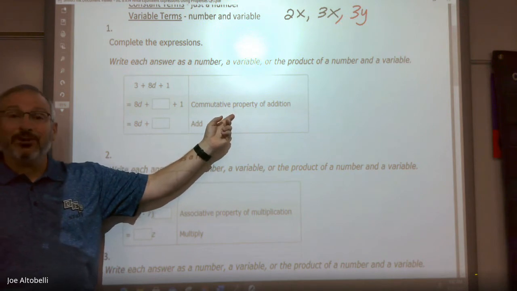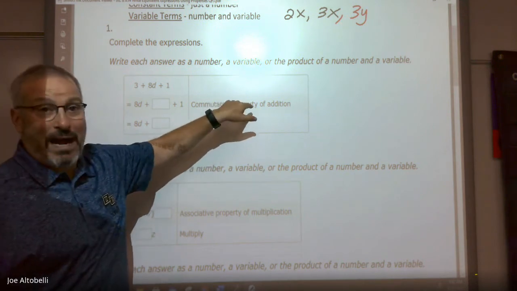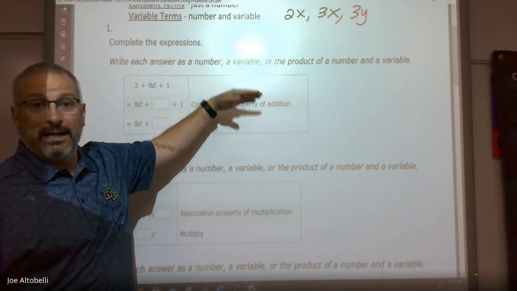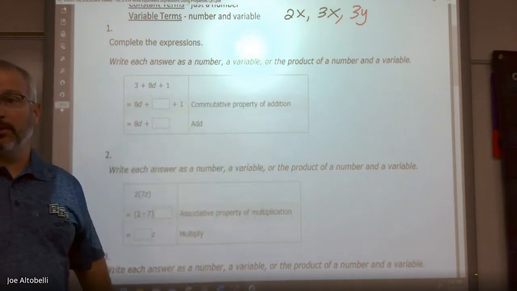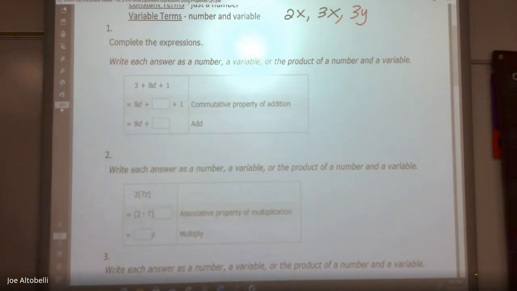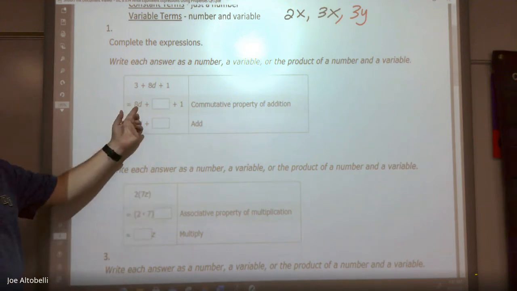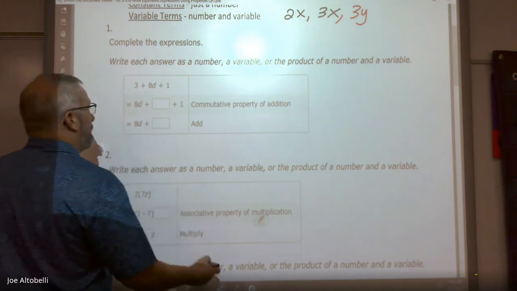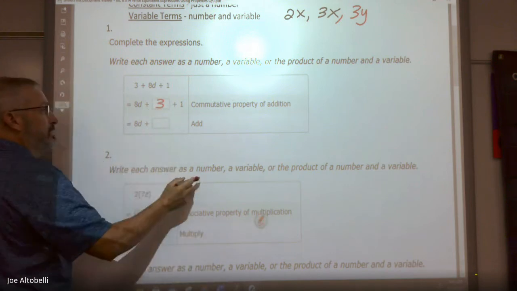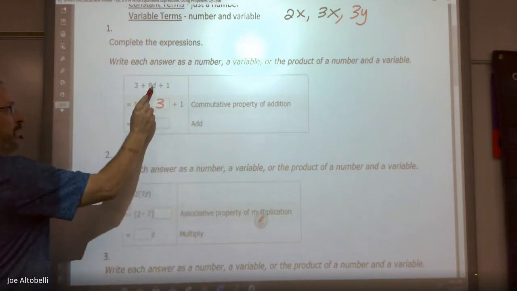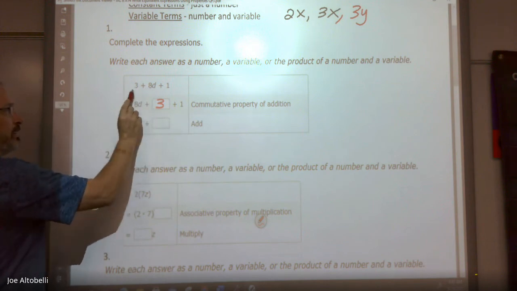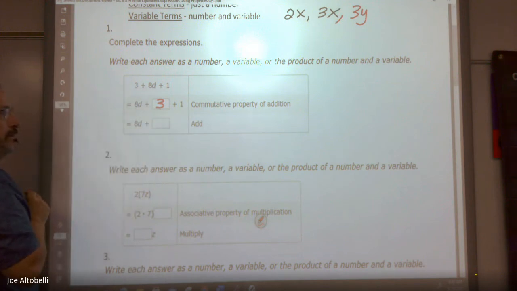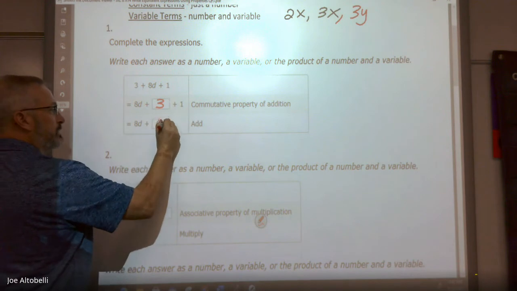Right now this is 8d, and then it's plus 3. Using the commutative property, I redid the order of these first two. And then 3 plus 1 is 4.